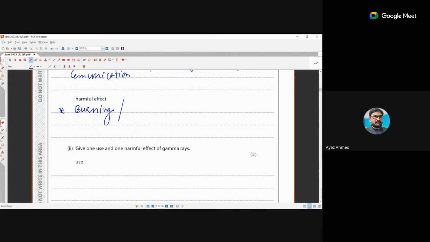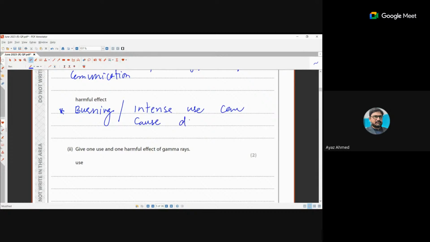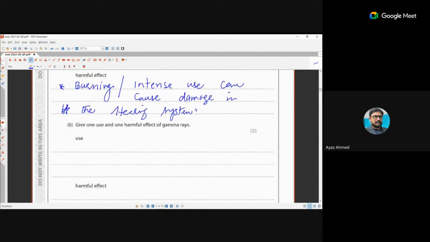Then intense use can cause damage in the hearing system. Although their frequency is not that much that we can hear it, unintentionally it damages our hearing system.